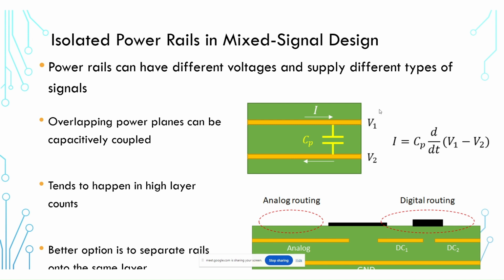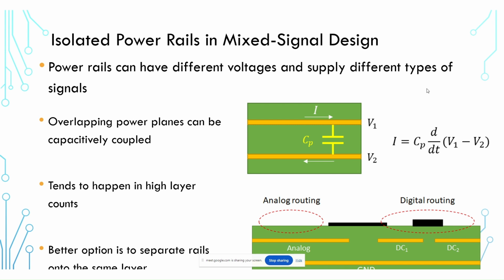If V1 and V2 were perfectly DC rails, with absolutely no change in the voltages over time, then of course we wouldn't have any potential EMI problem due to these overlapping analog and digital planes or overlapping digital planes. We would basically have zero displacement current here, and we wouldn't need to worry about this.